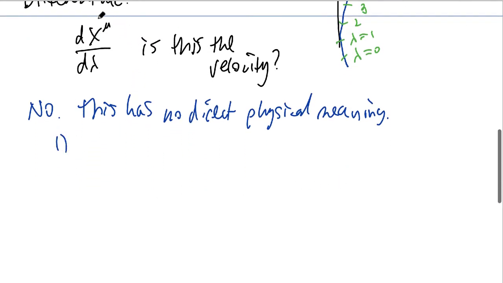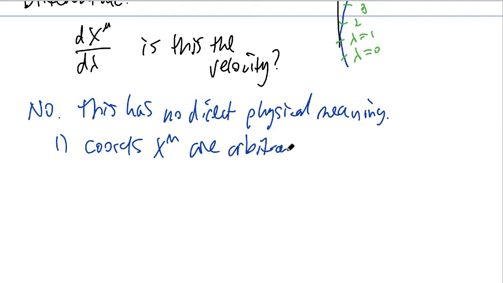First of all, these coordinates x mu are arbitrary. They're simply a set of labels on space-time, and there's lots of different ways we can put down those labels. So depending on how we put the labels down onto the space-time, we'll get different expressions for these derivatives.